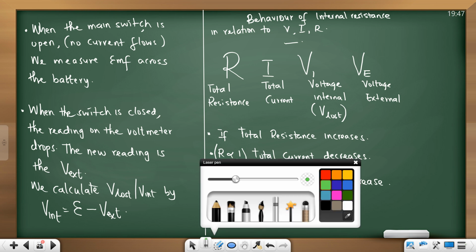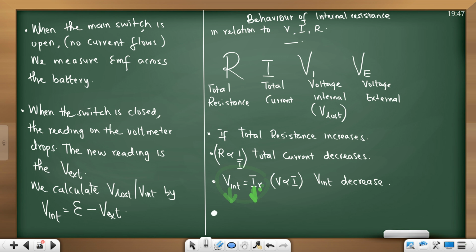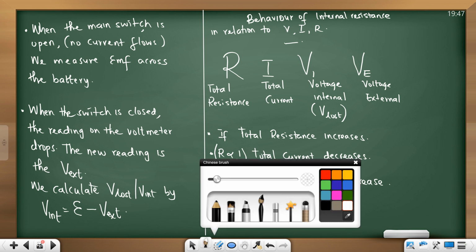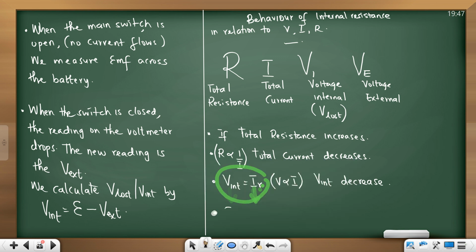Decrease. Okay. And the last point, number 4. The EMF is constant. The EMF will not change. Therefore, V external will increase.